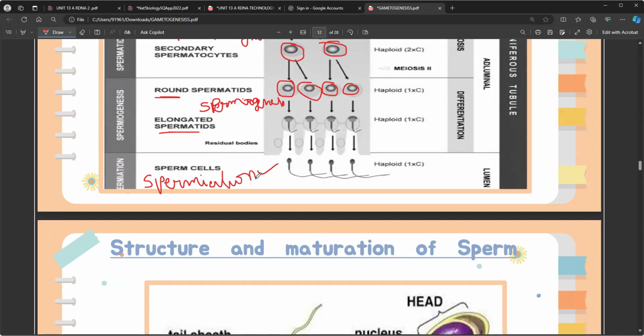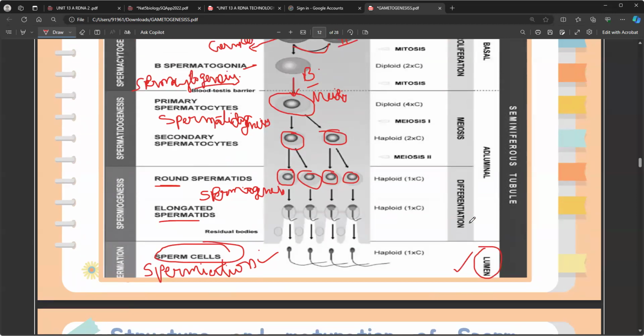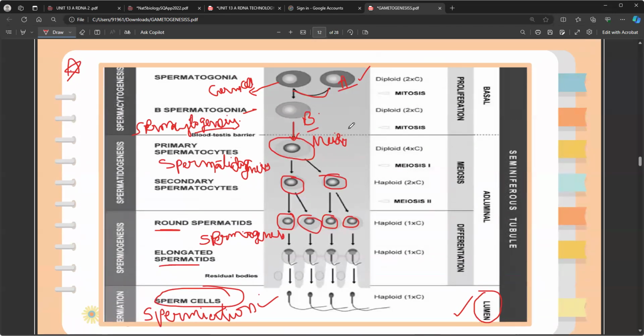No point in getting confused over there. And friends, what's the very interesting point here? Once the sperm is synthesized, the sperm is actually released into the lumen of the seminiferous tubule. Don't get confused.